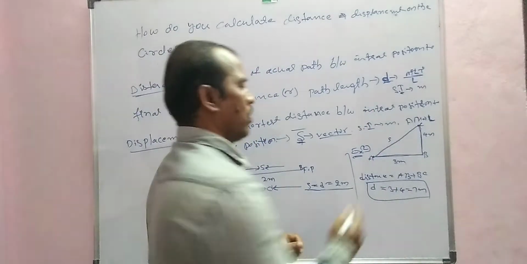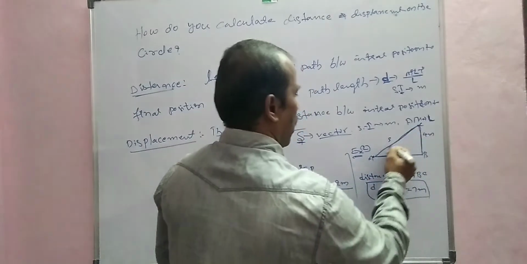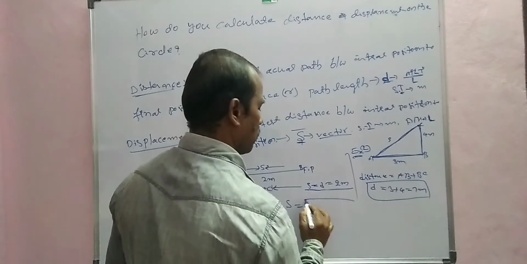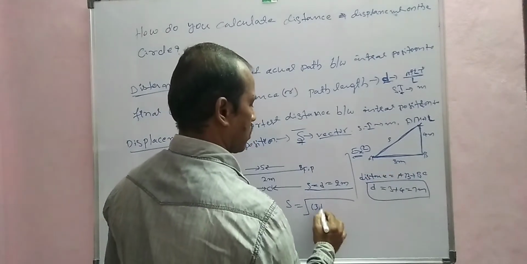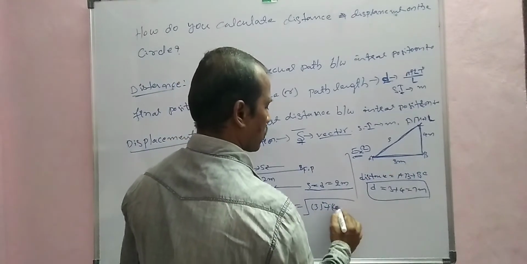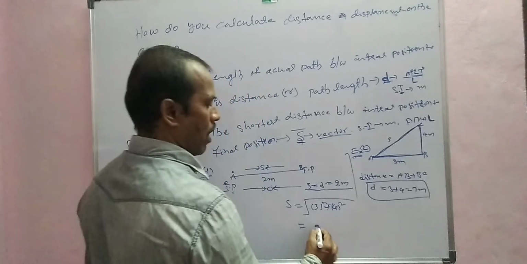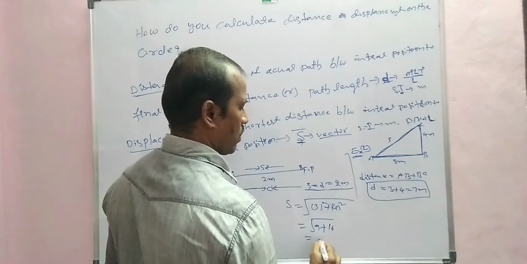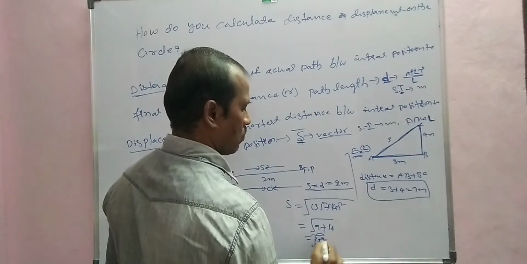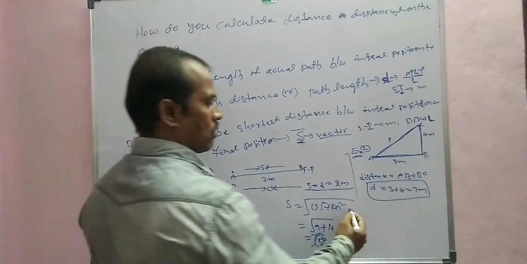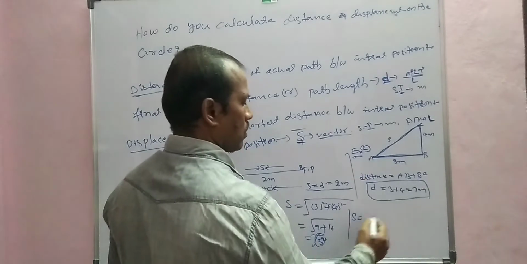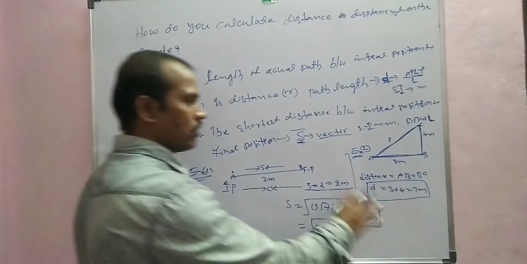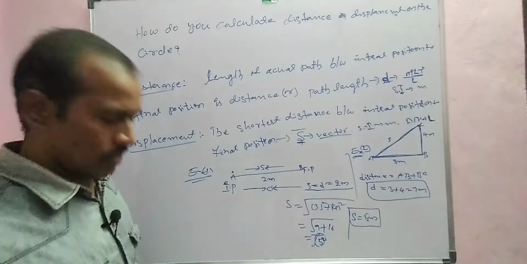Very simple: it is a right triangle, so the magnitude S is equal to the square root of 3 squared plus 4 squared, which is the square root of 9 plus 16, equal to the square root of 25, which is 5. So the displacement of the person is 5 meters.